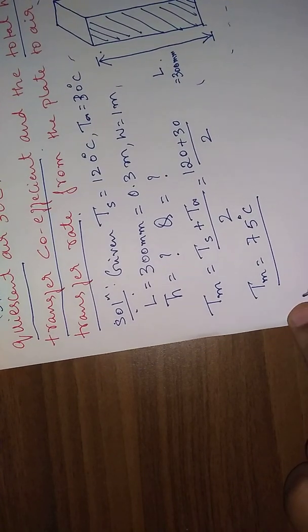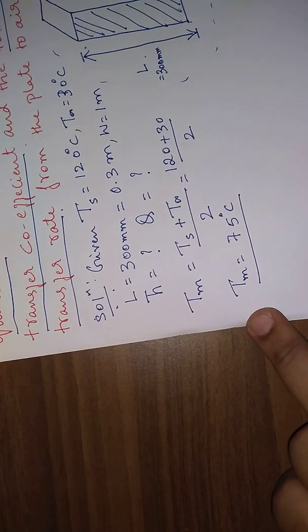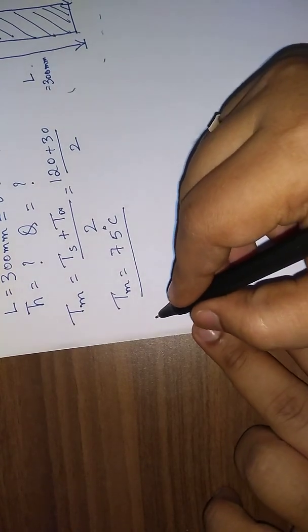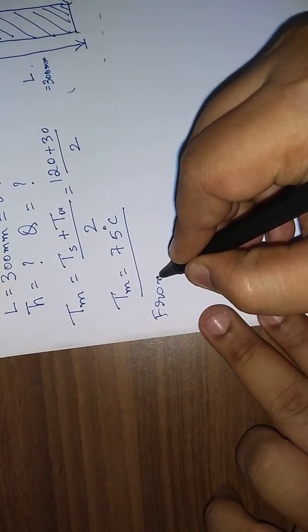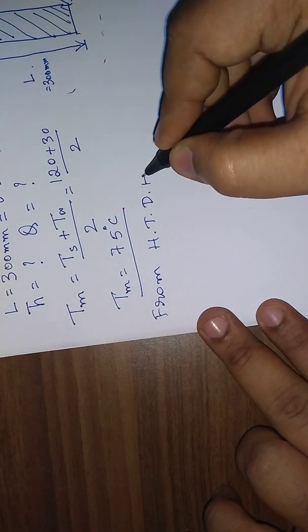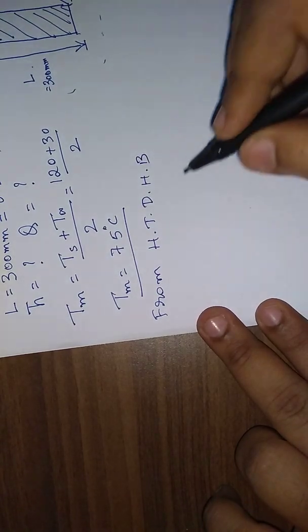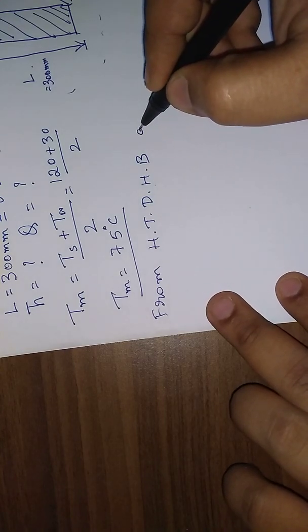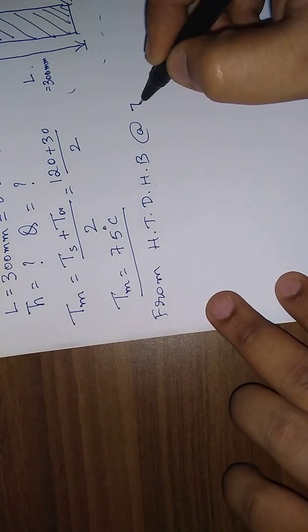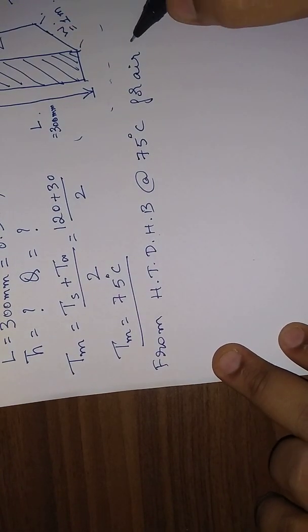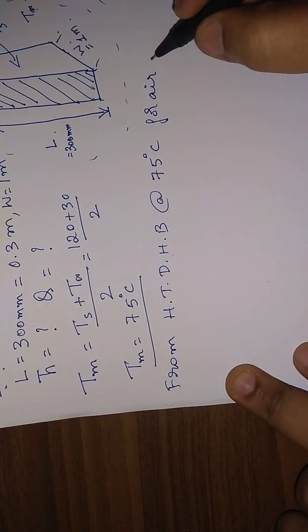Now from the heat transfer data handbook, you know already this short form, at 75 degree centigrade for air, find out the properties for air.